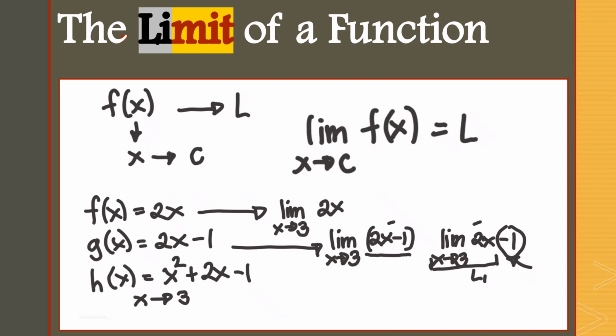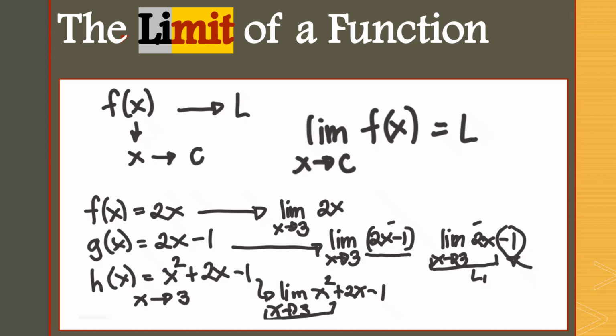That's why I have here h of x to illustrate it further. If you have this form, the limit of x squared plus 2x minus 1 as x approaches 3, this only means that you are solving for the limit of the first term alone. You're not including the second term nor the third term.